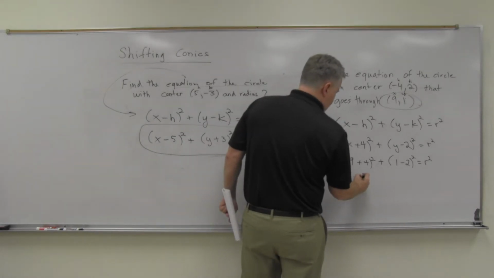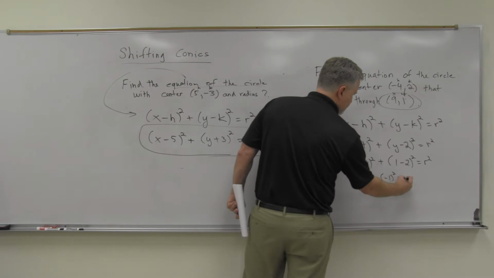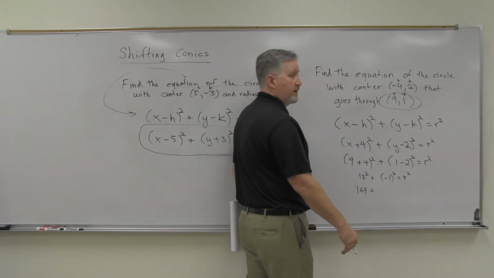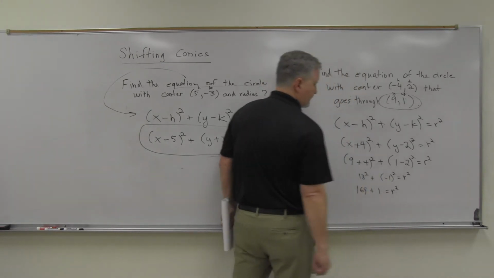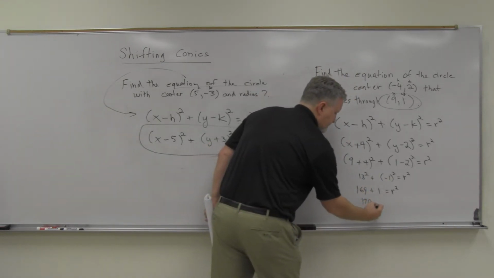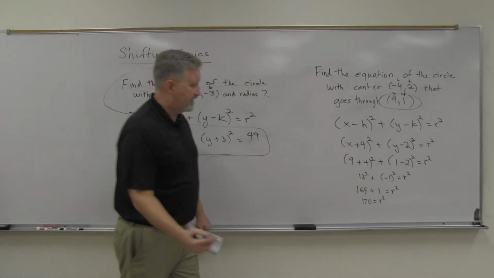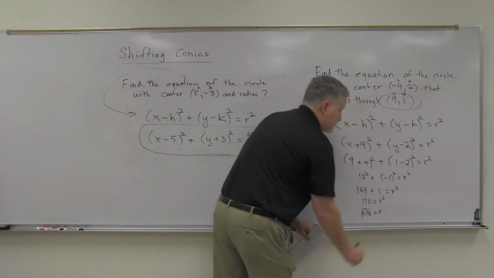That's 13 squared plus -1 squared. 13 squared is 169, -1 squared is +1, and so 170 is going to be r squared, and you can square root that. The radius would be the square root of 170.